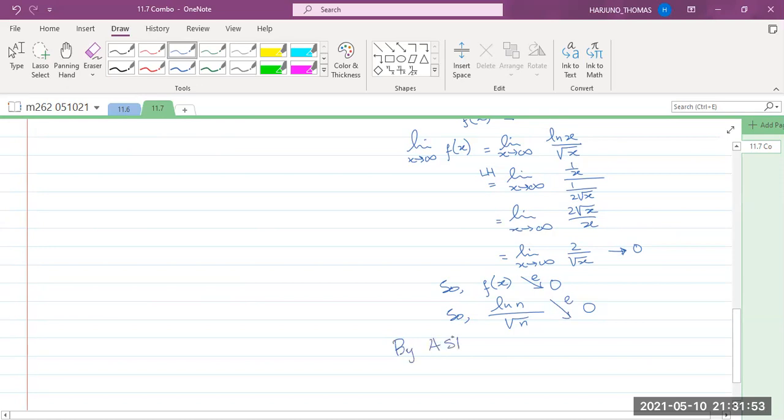By the alternating series test, the series is convergent.